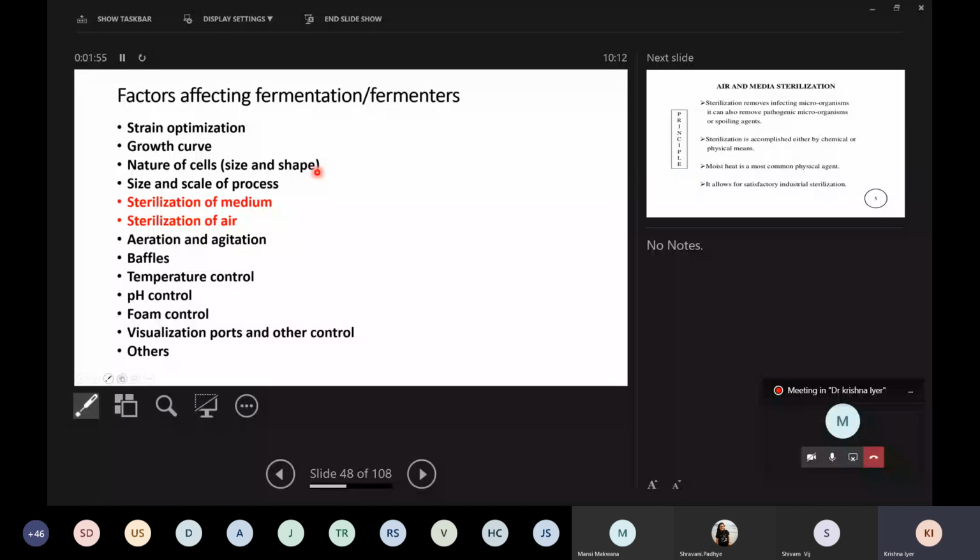We also said that organisms which are filamentous create a lot of problems when you are trying to stir the medium or shake the medium. We also looked at the size and scale of process, and we said that fermentations can technically be done at the lab scale, pilot scale, or even the industrial scale, depending on the volumes.